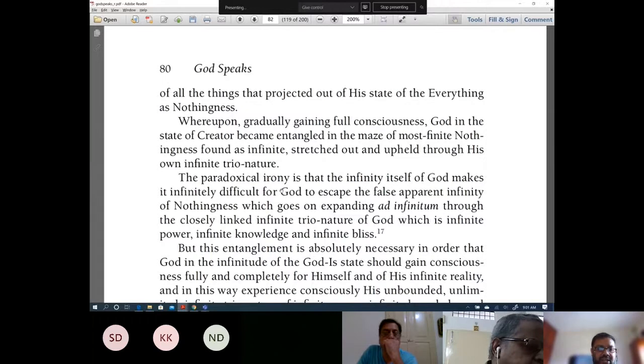The paradoxical irony is that the infinity itself of God makes it infinitely difficult for God to escape the false apparent infinity of nothingness, which goes on expanding ad infinitum through the closely linked infinite trio nature of God, which is infinite power, bliss, and knowledge.